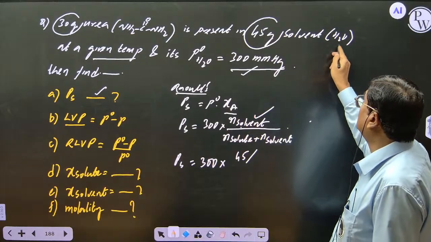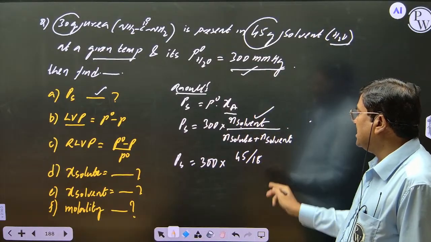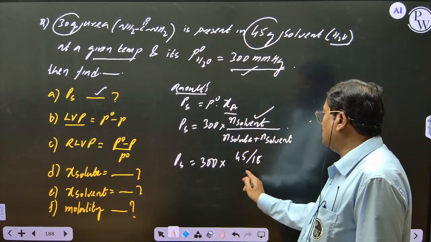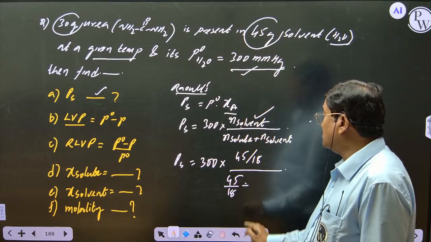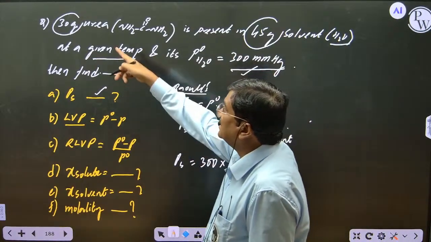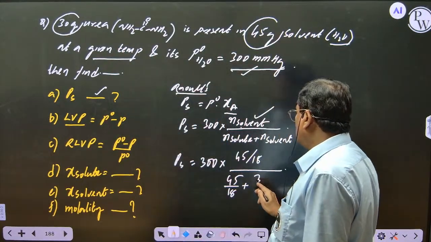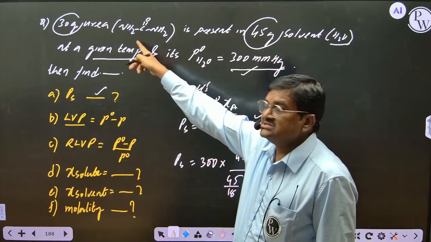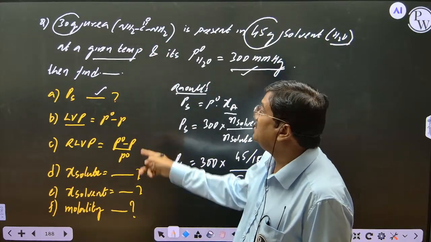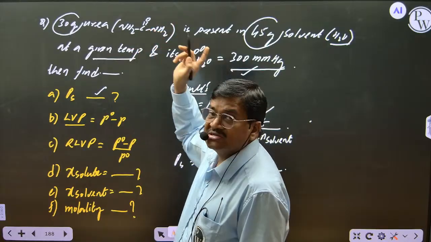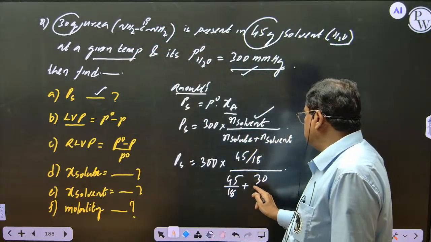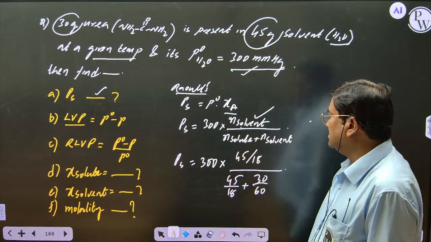Solvent is water, the molar mass of water is 18, so 45 by 18, plus the mass of solute given, 30. And the urea molar mass, if you find out, you get 60. Check: nitrogen 14 into 2, hydrogen 4, carbon 12, oxygen 16. This is to be divided with 60.